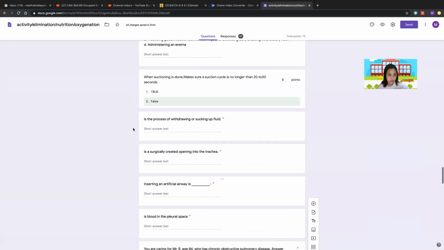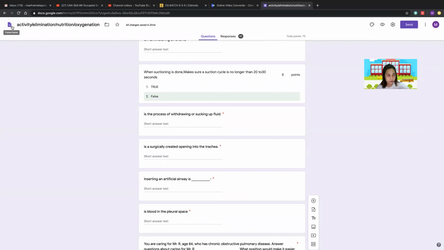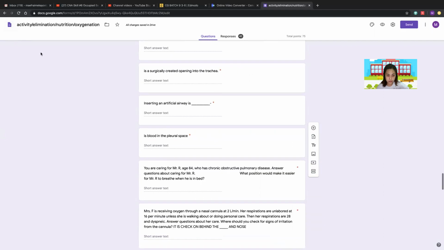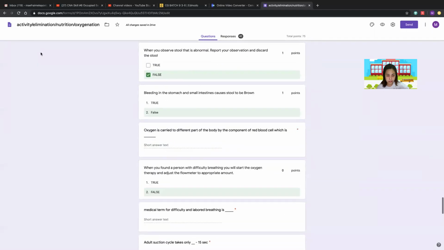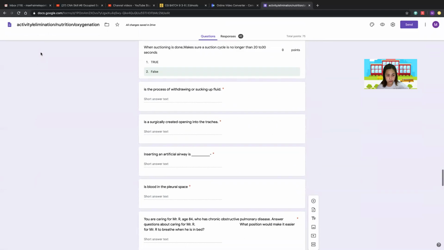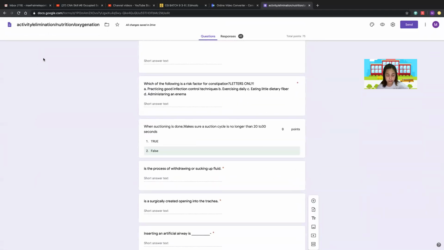So these are the answers in our exams for activity, elimination, nutrition, and oxygenation. Actually, most of you got the answer, but they did not follow the instructions. That's why I marked it incorrect. If it's a capital letter, it will be a capital letter.